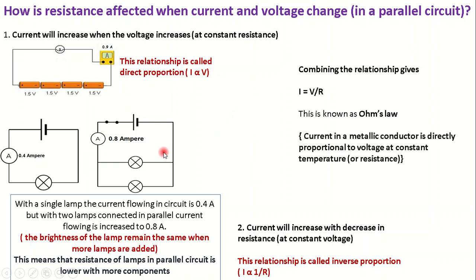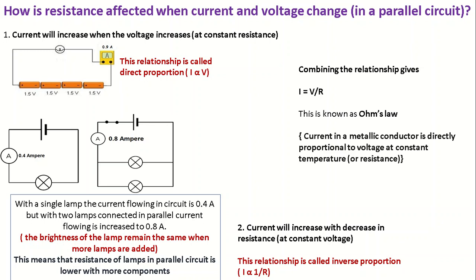But when you increase the components in a parallel circuit, you will think that the current flowing will decrease, but no, it will rather increase. Like here we have 0.4 amps flowing with a single lamp, but with two lamps in parallel we have 0.8 amps flowing, so the current is increased.